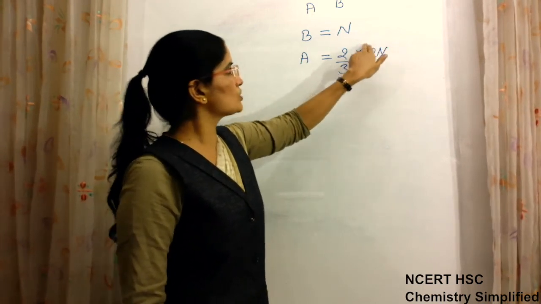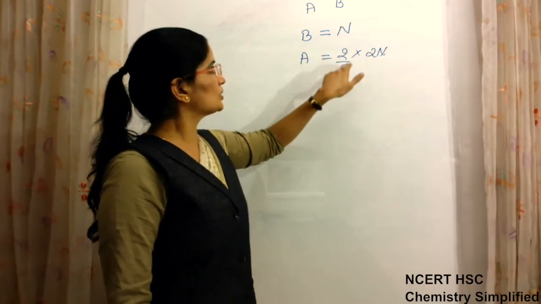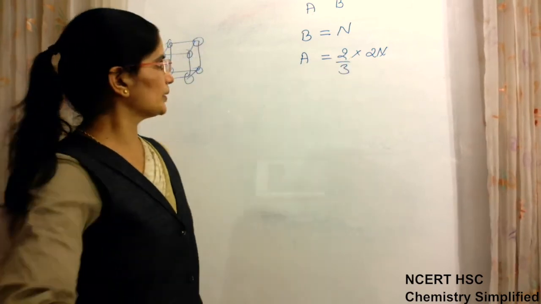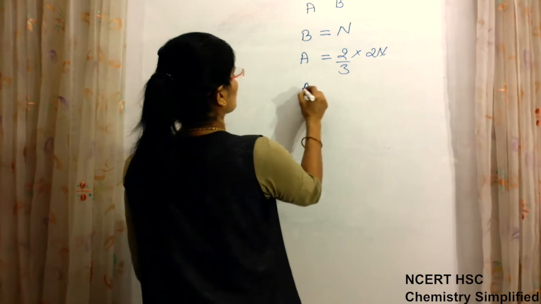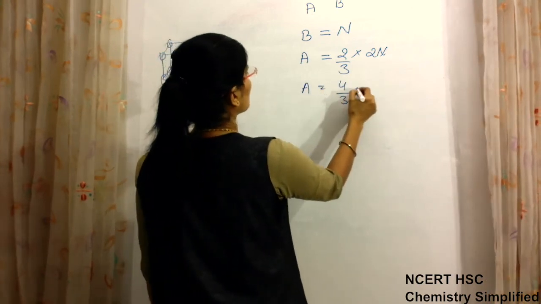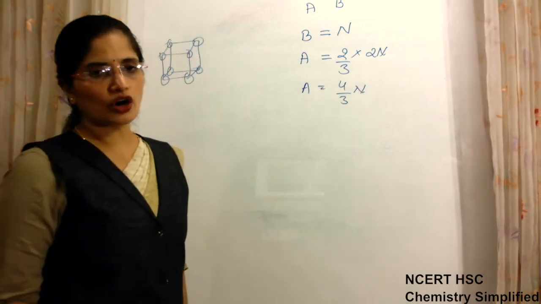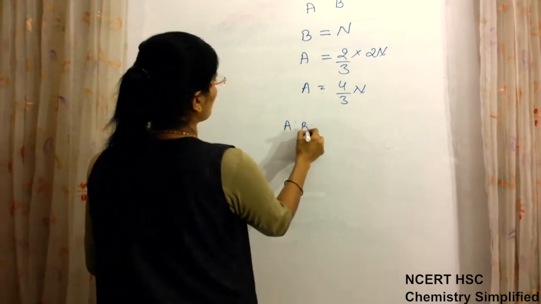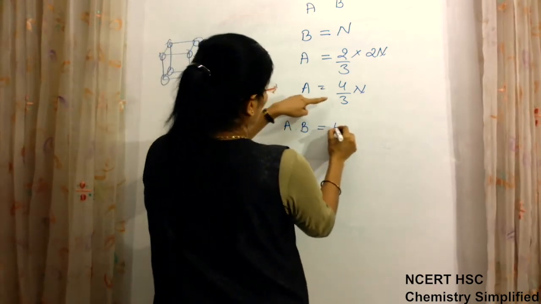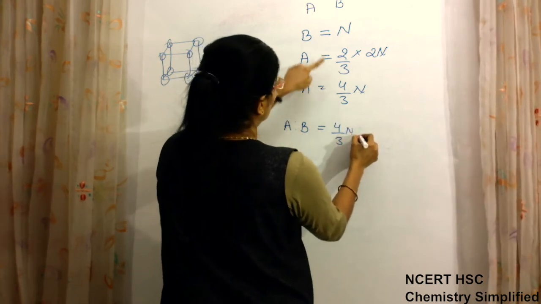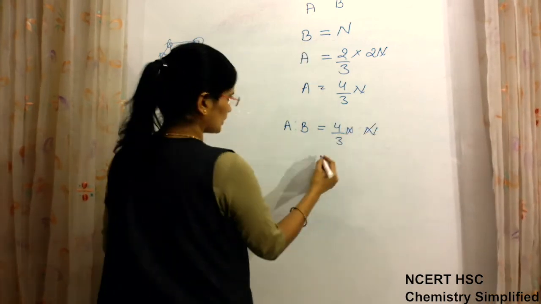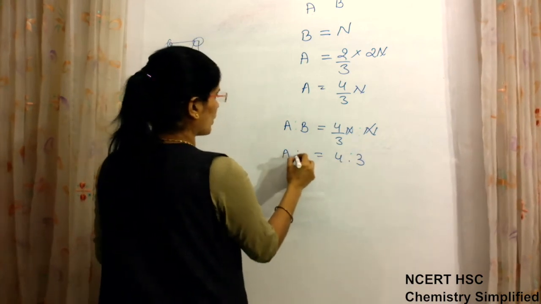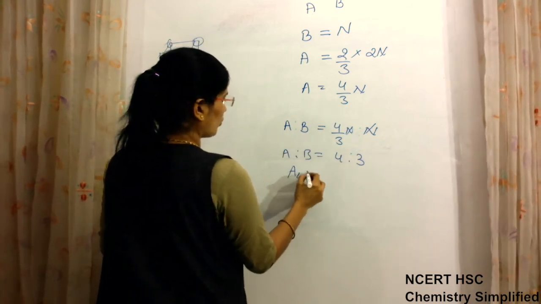And out of those tetrahedral voids, 2/3 are occupied by the particles of A. So that means A is equal to 4/3 n. Now write the formula of the compound. So A is to B is equal to 4/3 n is to n, that is equal to 4 is to 3. So the formula of the compound is A4B3.